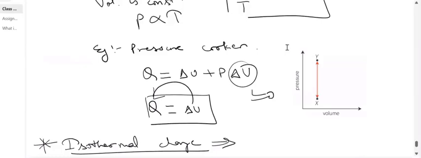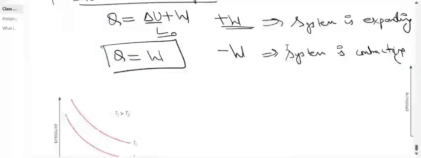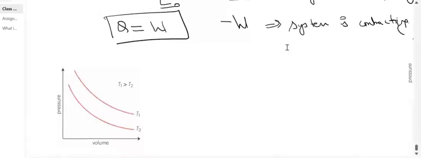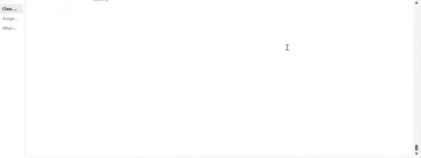Volume is remaining constant. Any doubts? Last is adiabatic change.